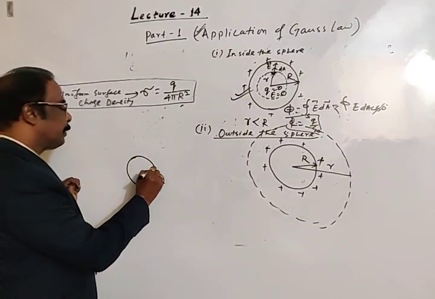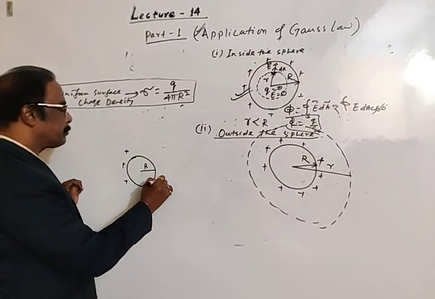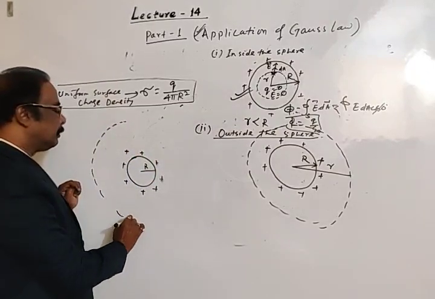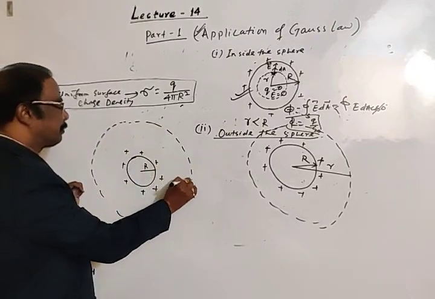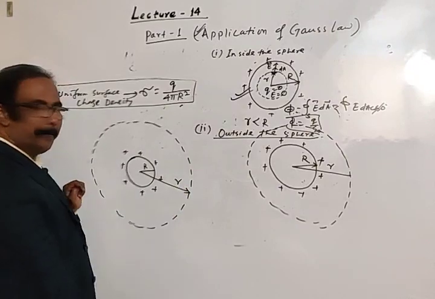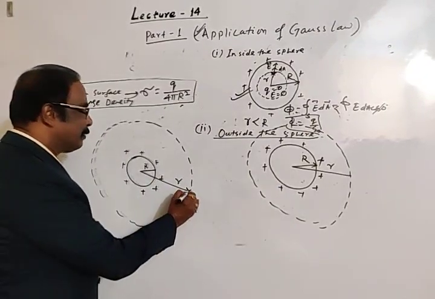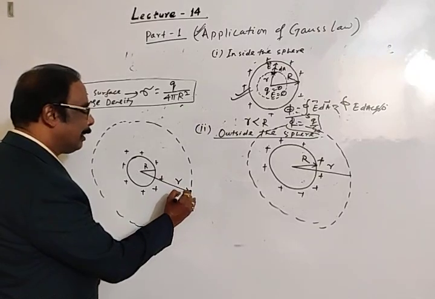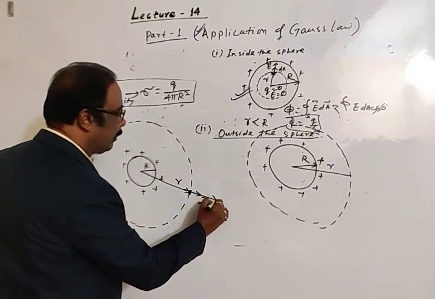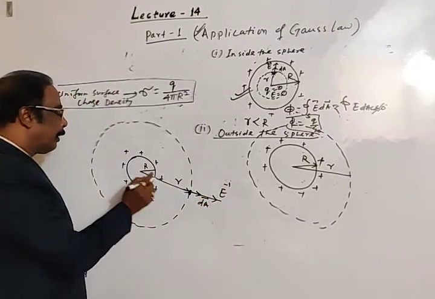This is the given sphere of radius R. Charge is distributed on the surface. Outside the sphere, let's imagine a Gaussian surface of radius r. And next step, just imagine this is an elemental area dA. This is the direction of the elemental area vector dA, and this is the direction of the electric field in the radial outward direction.